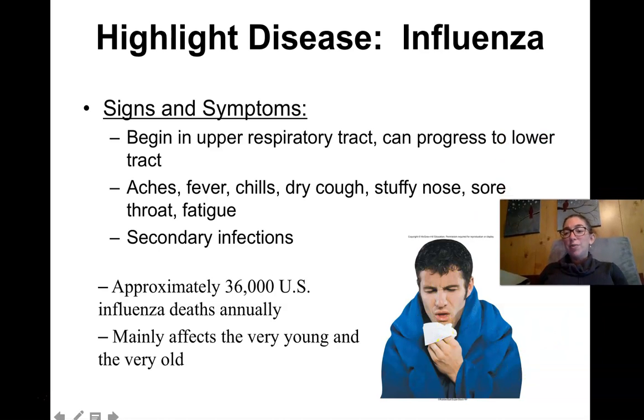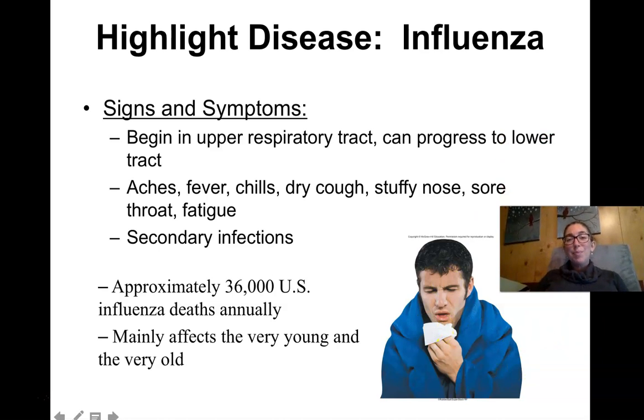Okay, so back to influenza. I'm going to keep bringing in coronavirus here, though I don't have any slides specifically about COVID-19. Influenza usually starts in the upper respiratory tract and then progresses downwards. Usually the symptoms include fever, chills, aches, pains, just feeling really crappy.